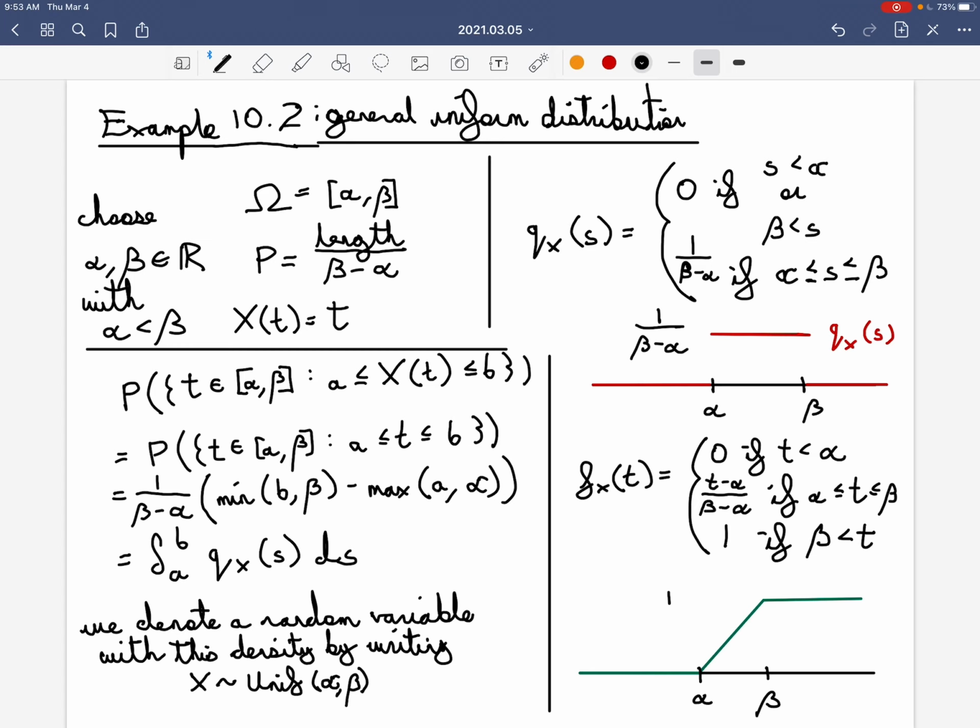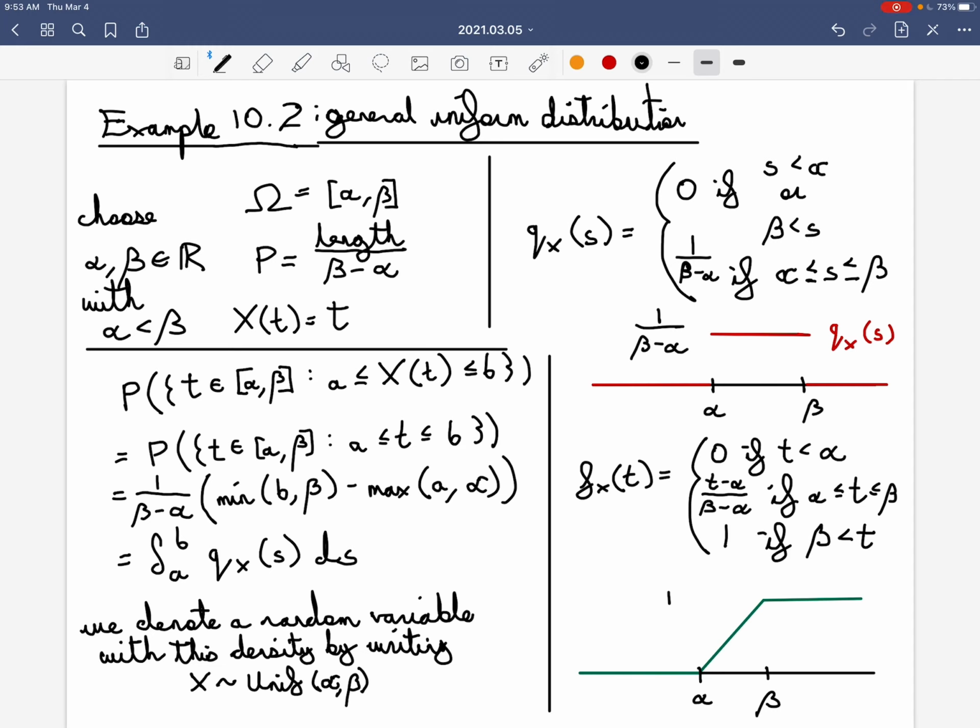And so you can calculate that this formula, where we're intersecting the interval from alpha to beta with the interval from a to b and taking the normalized length, is exactly what I get by integrating this density q, where I have a step function supported from alpha to beta with height 1 over beta minus alpha.